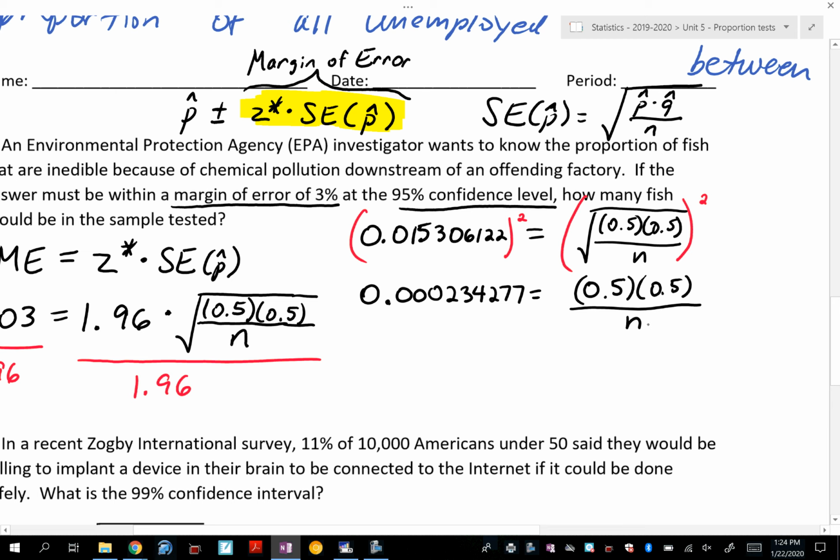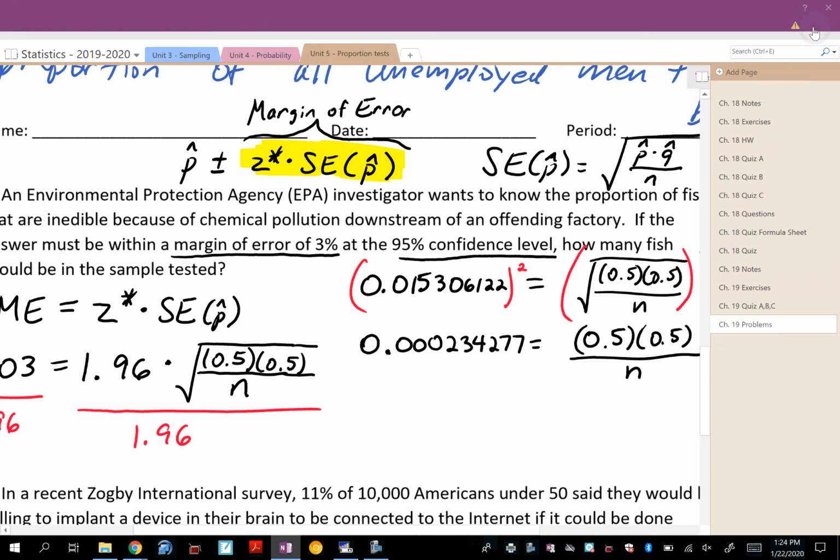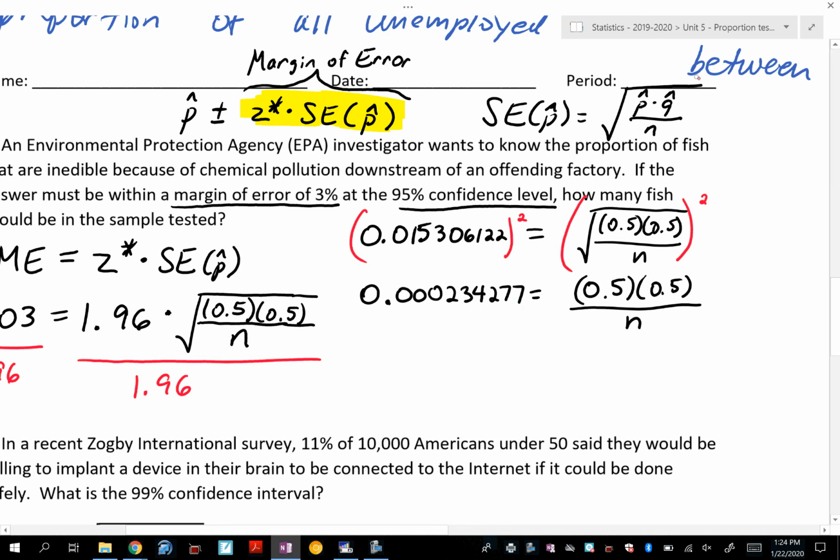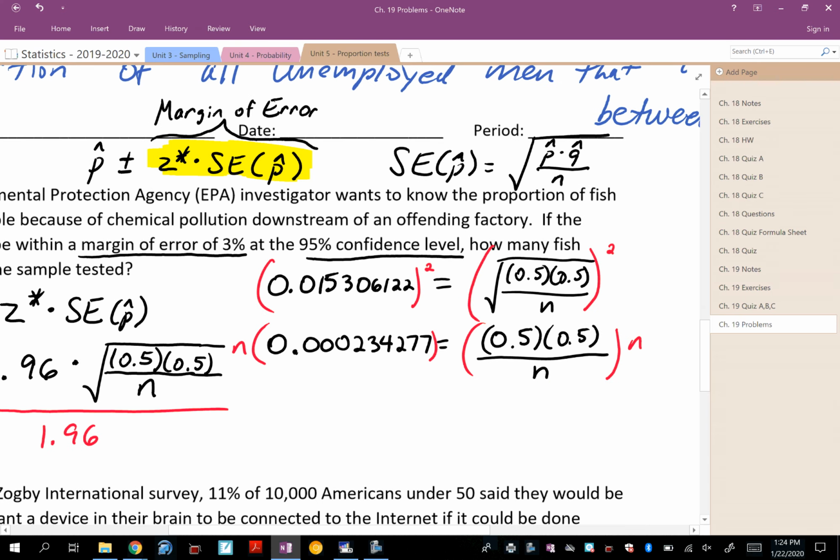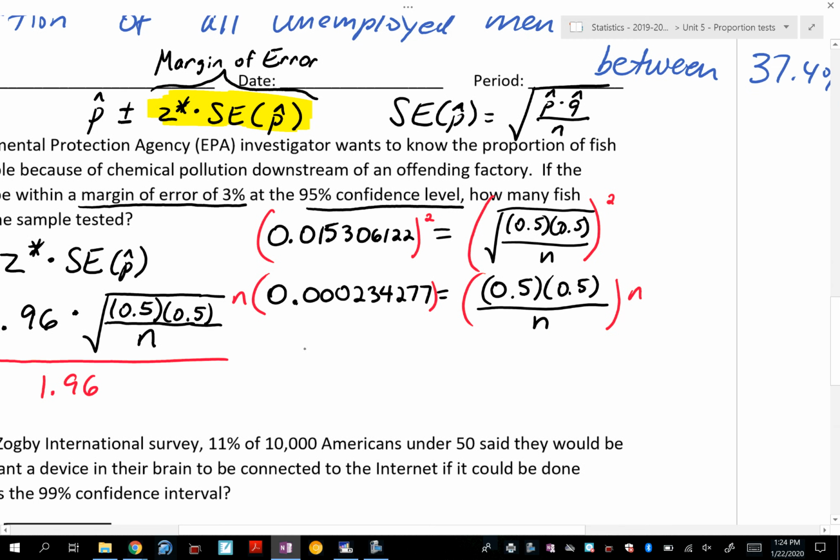Okay, so now I told the girls on Friday that you can think of this if you want. You can put the number on the left side of the equal sign over 1 and then do cross products, so proportion. Cross products are equal to each other. Or you can just move the n over in your brain by multiplying. So multiply both sides by n. That's going to move it over to get 0.000234277 times n equals 0.5 times 0.5.